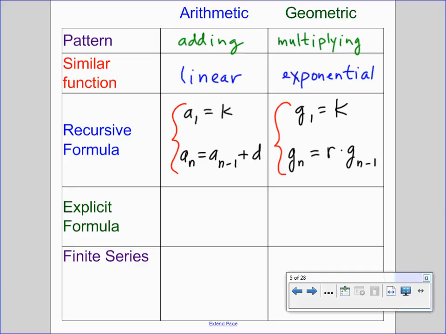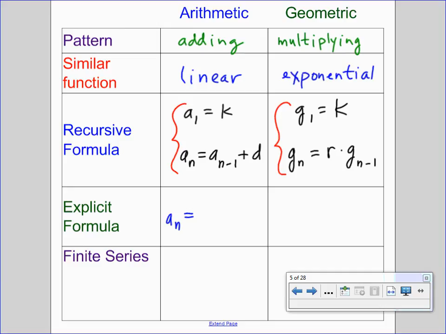Our explicit formula for arithmetic, right, is a function rule. It'll give us the value of the nth term just by plugging in. What does my arithmetic explicit formula in general look like? Courtney?